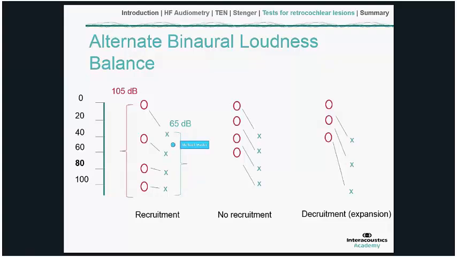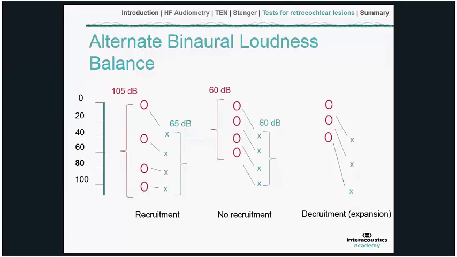So we go from very quiet up to loud in a much shorter dynamic range than in the normal ear over here. Now, in the middle part of the chart, we can see that there's no recruitment because the same changes in loudness were produced over the same dynamic range.